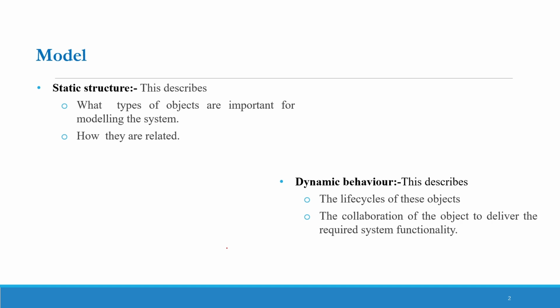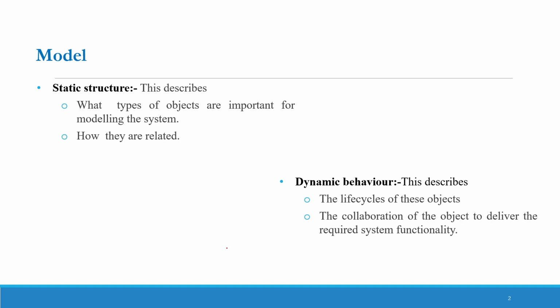The other is the dynamic model. The dynamic behavior of the system will be represented by the dynamic model. It describes the lives of the objects or the collaborations of the functions to deliver the required functionality.